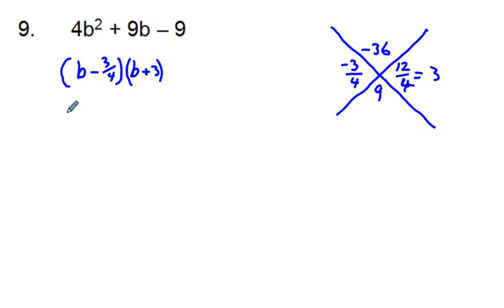And then using bottoms up, we get 4b minus 3 times quantity b plus 3. And then we see if that works out. We get negative 3b plus 12b is 9b. That checks out.